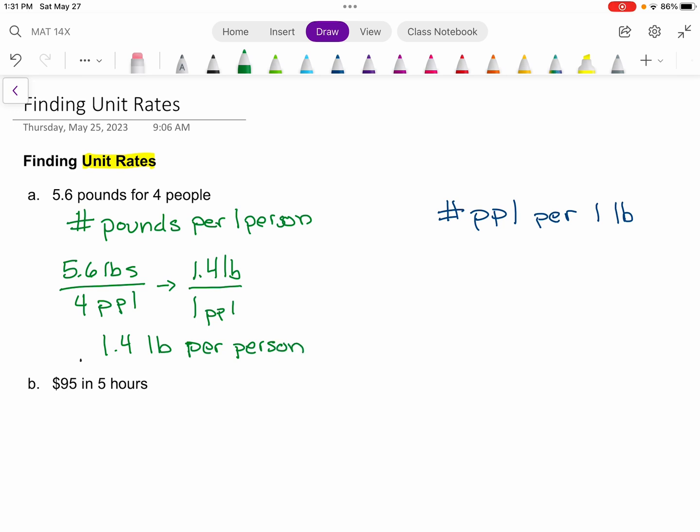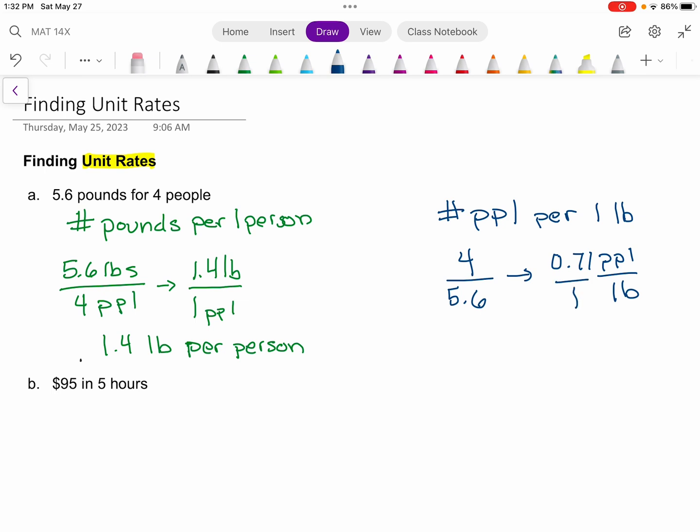If we then want to do the rate in the reverse direction, people per pound, we're just going to set up that initial ratio as its reciprocal. So instead of 5.6 over 4, we're going to do 4 divided by 5.6, with the goal of getting people per pound. In this case, that would reduce to 0.71, yes, a fraction of a human, over that 1 pound.